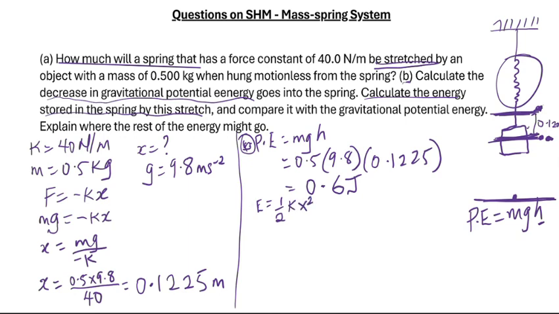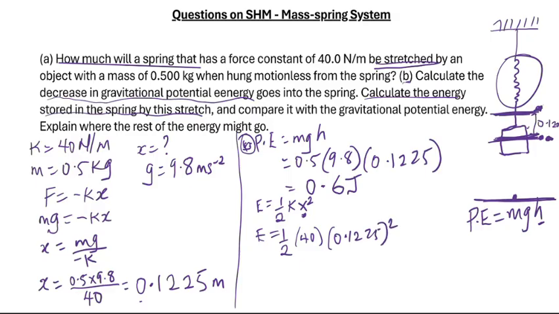Total energy is equal to potential energy plus kinetic energy, and we know that our total energy is half kA squared. This can also be A, because that is the maximum displacement. So we can say that our total energy is 1/2, our k is 40, and our amplitude is 0.1225, all squared.